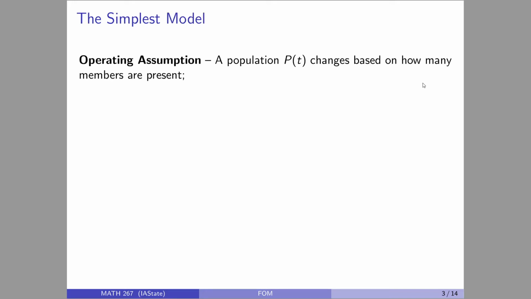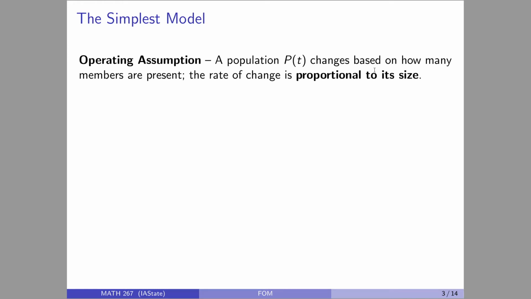So the simplest model is a population model. This is known as Malthusian growth, and the idea is that a population changes based on how many members are present. That's our operating assumption. So what would it mean to change based on how many members are present?